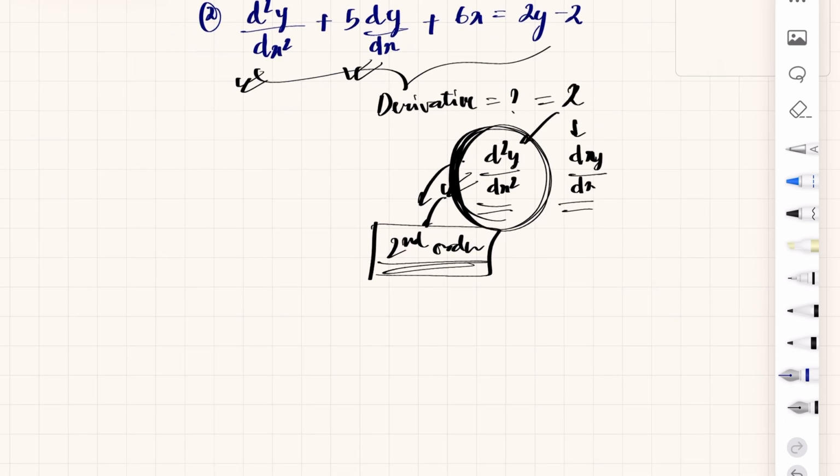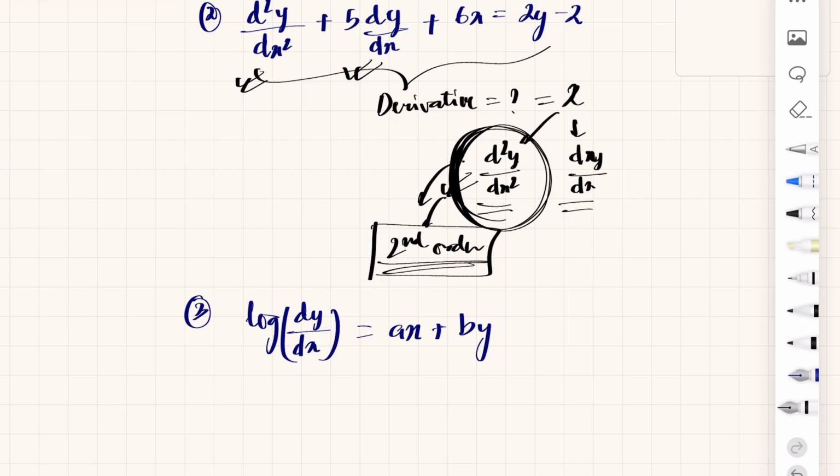So I'll give you some more examples. Let's say log of dy by dx equal to ax plus by. How many derivatives are there here? We have only one. And what is the order? It is a first order.